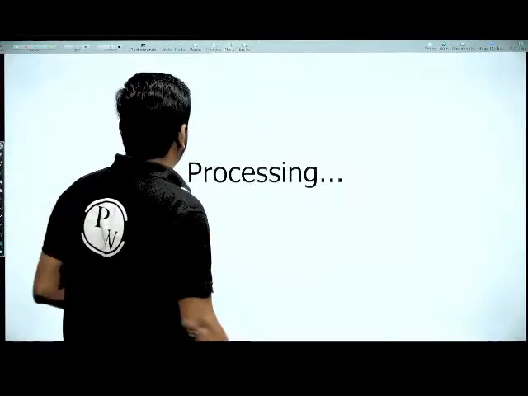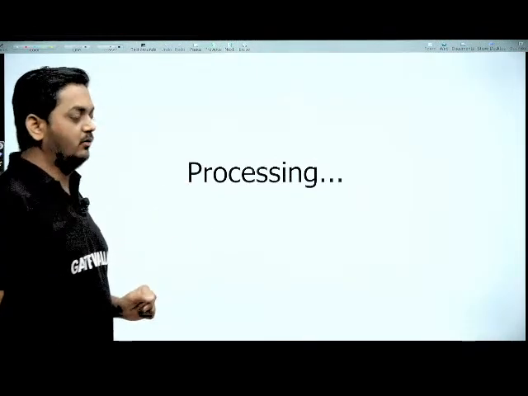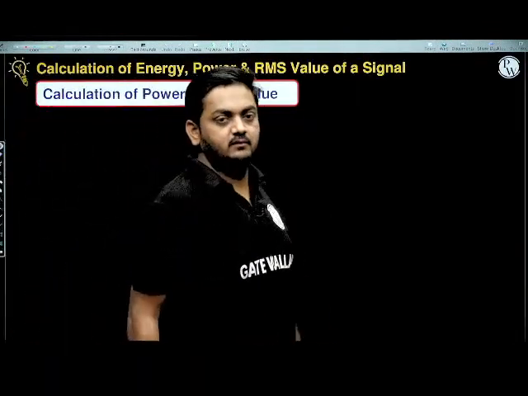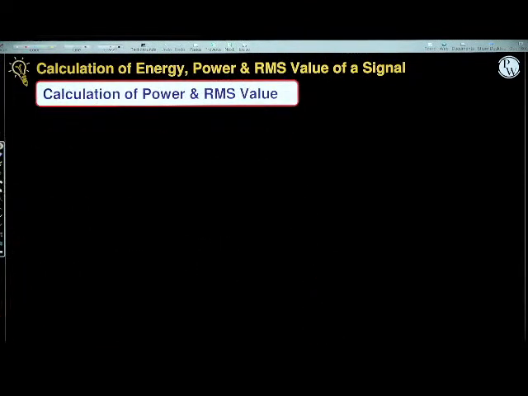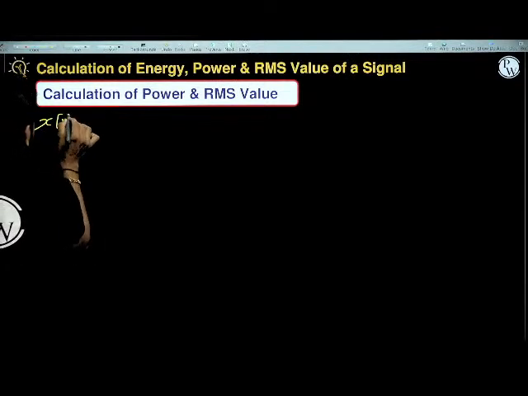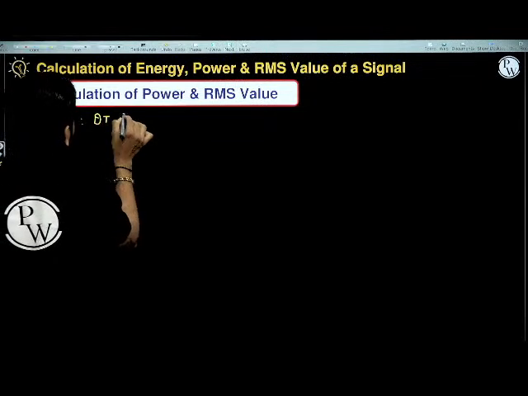Today we will see how to calculate the power of a discrete time signal. Let us consider x of n, any discrete time signal.